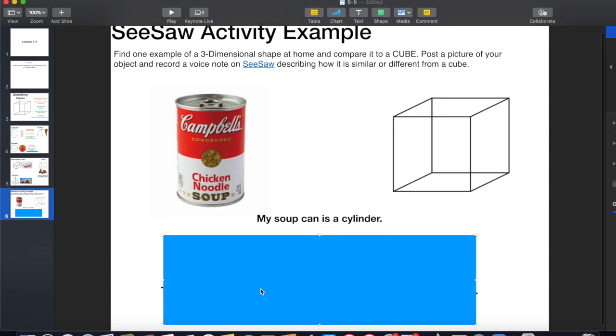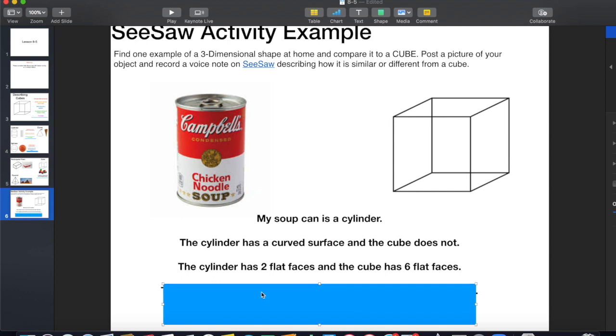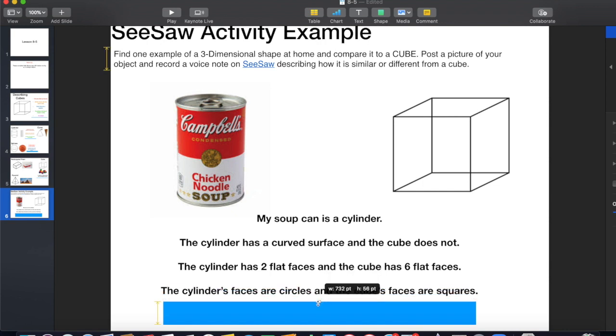So my can of soup is a cylinder. The cylinder has a curved surface, but the cube does not have any curved surfaces. The cylinder has 2 flat faces, so there's a flat face on the top and on the bottom. And the cube has 6 flat faces, so the cube has more flat faces than the cylinder.